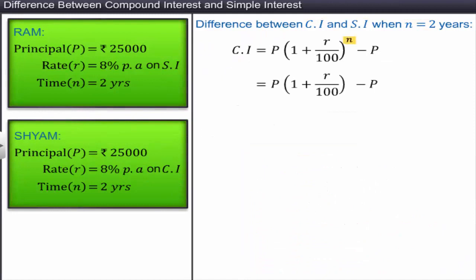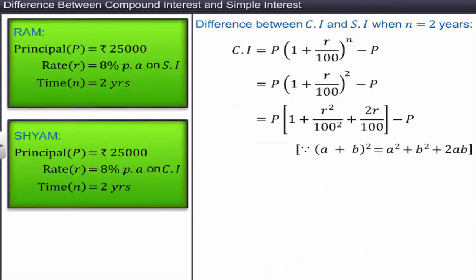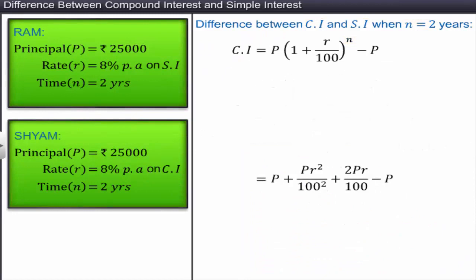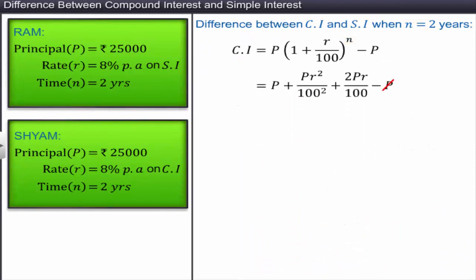On substituting n is equal to 2 and simplifying, we get compound interest as PR square upon 100 square plus 2PR upon 100. Let's take it as equation 1.